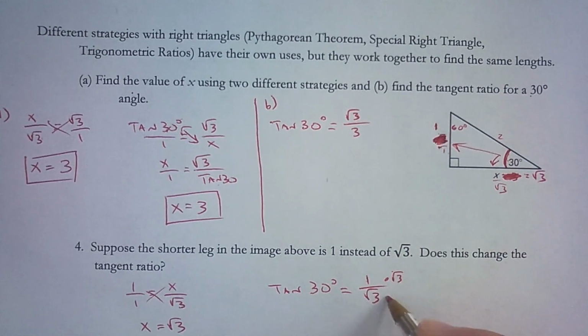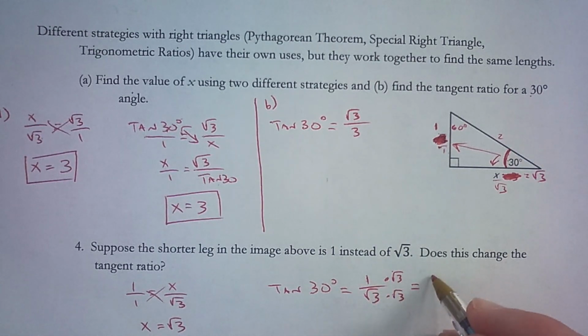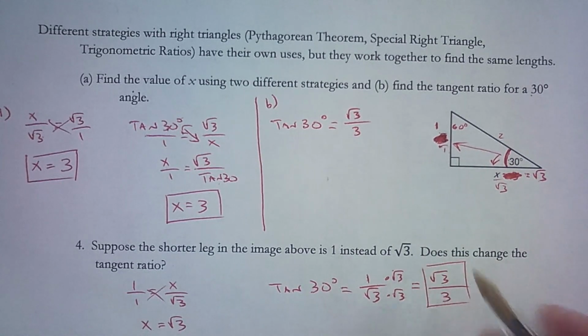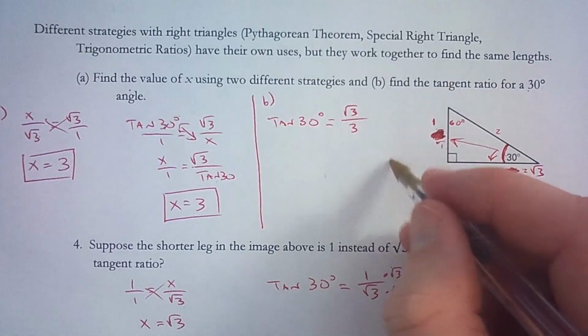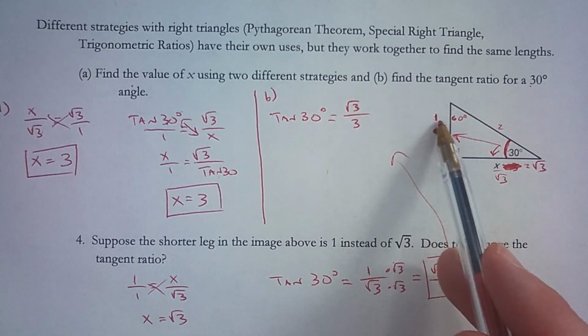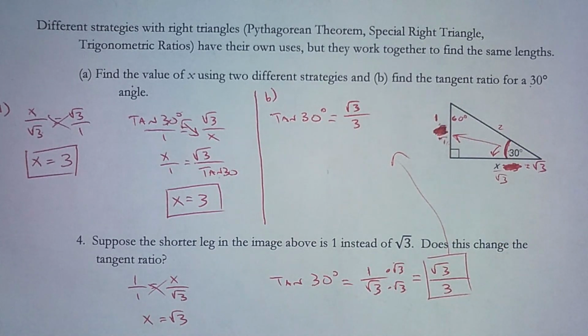We'll rationalize the denominator by multiplying the top and bottom both by the square root of 3. And I get 1 times the square root of 3, which is the square root of 3, and root 3 times root 3 is 3. So I end up with exactly the same tangent ratio that I had up here. No matter what value I change this side to, the tangent ratio will always be exactly the same.